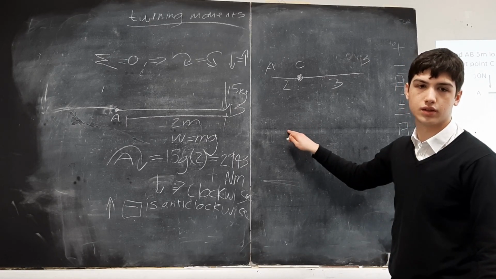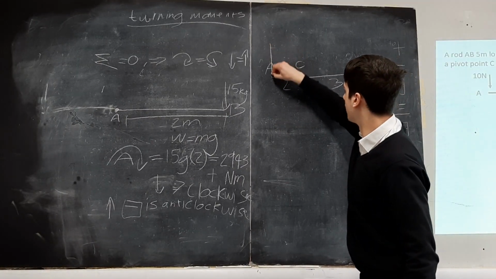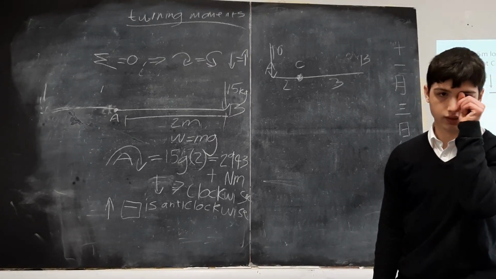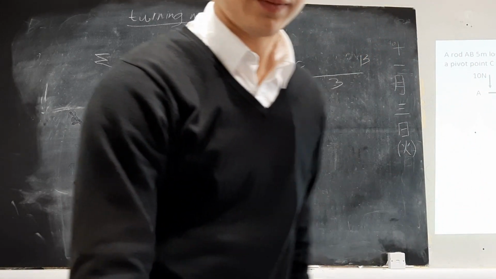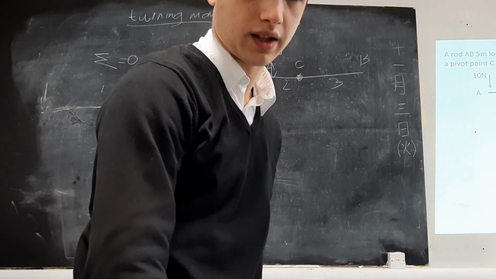Yeah, pivot point C, 2 meters away from A. A force of 10 newtons is applied. So, not having to convert anything yet. Oh, that's it, okay.